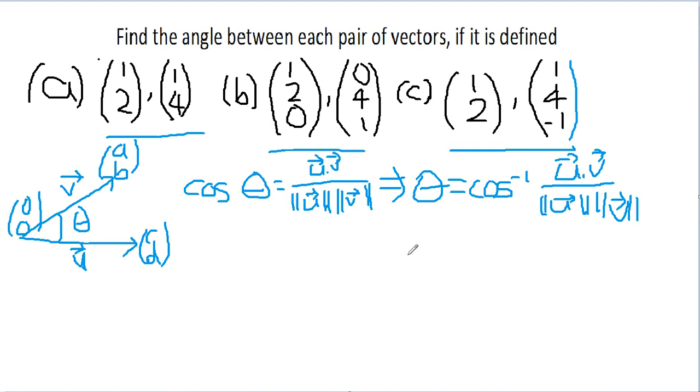We have already learned how to do the dot product, and how to find the magnitude, so we can already get the angle.